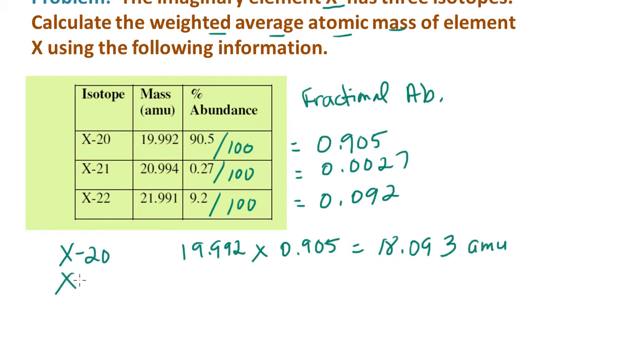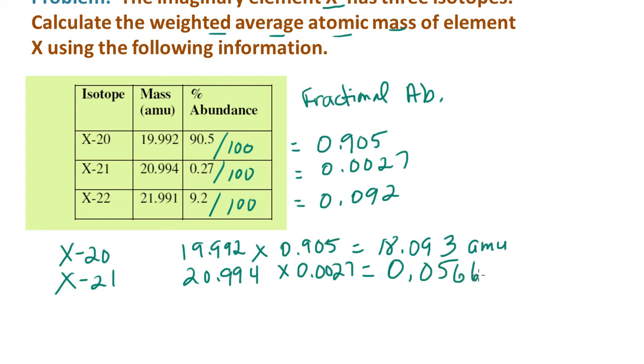I do the same thing here for X21, and we have an atomic mass of 20.994. I multiply that by the fractional abundance, 0.0027, and I end up with 0.05668 atomic mass units.